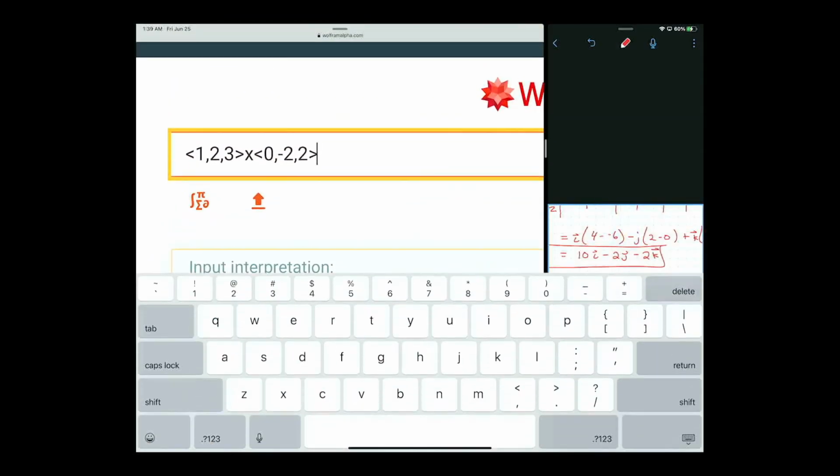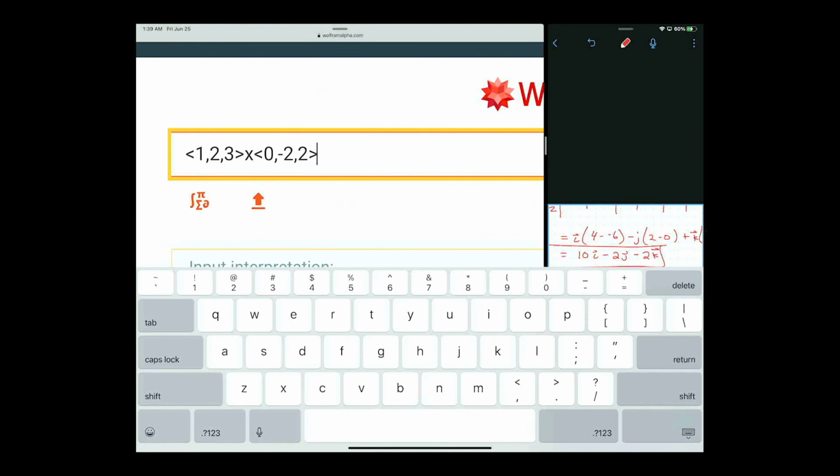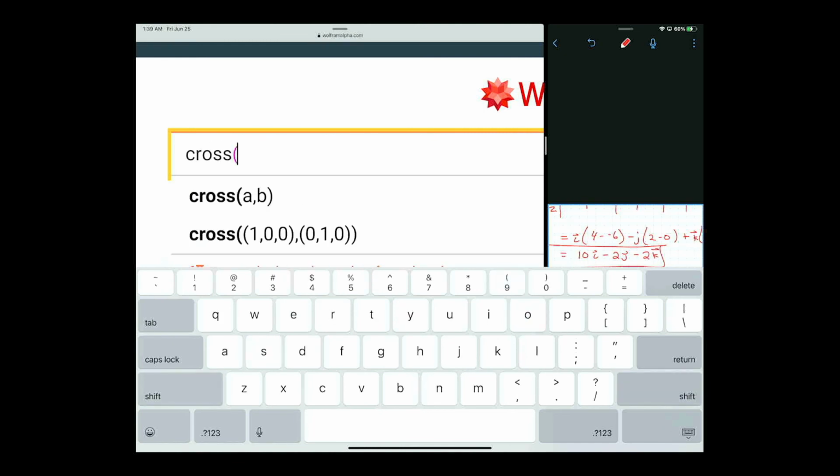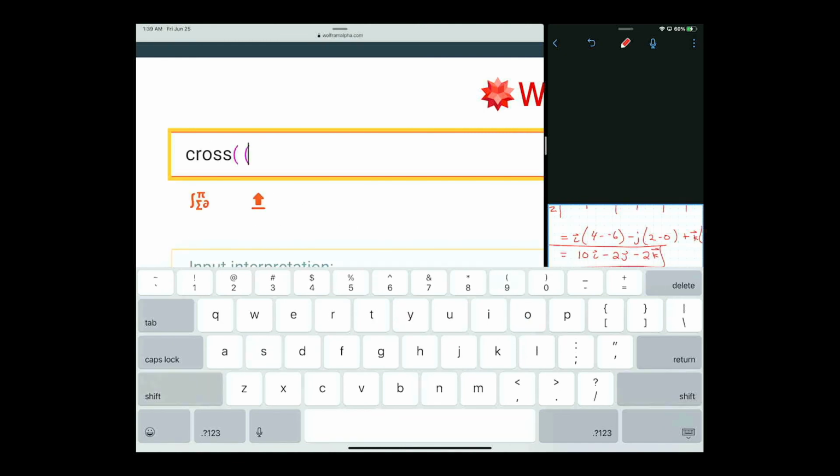What I did want to say is that most things don't do this. The way you normally would type in a cross product is like cross, and then you type in your stuff like 1, 2, 3. You can just use parentheses. And the other one, 0, minus 2, 2.